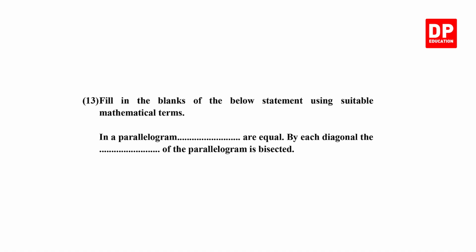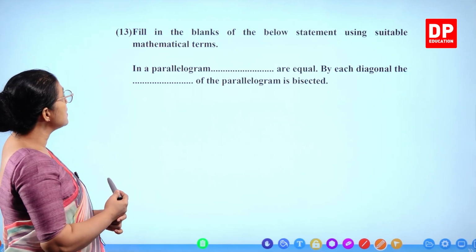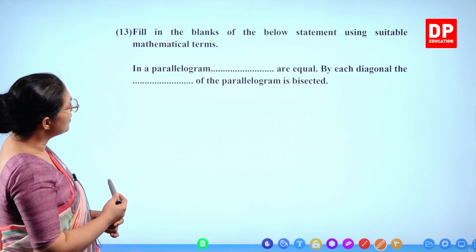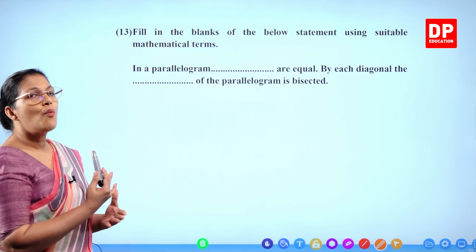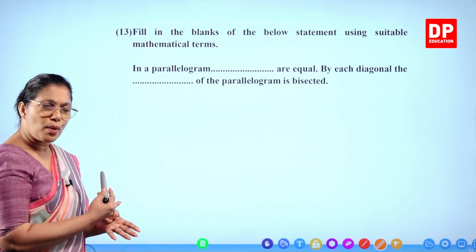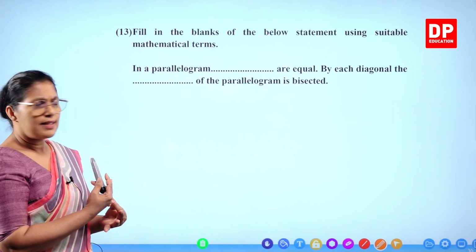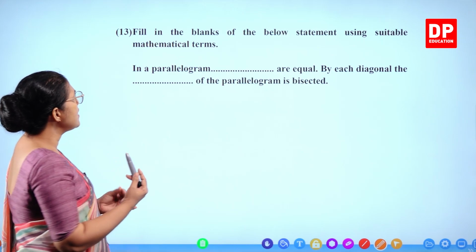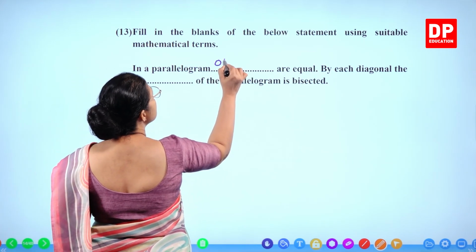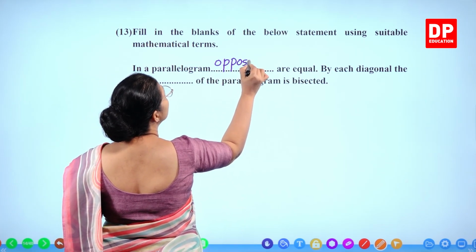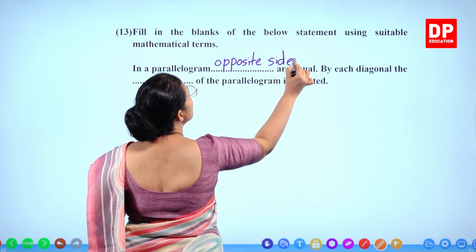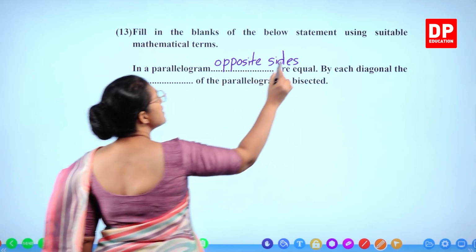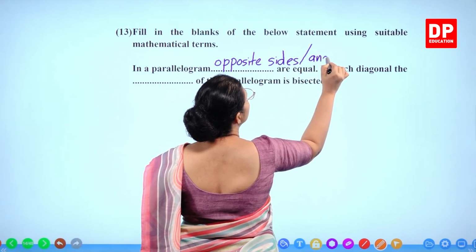Question number 13. Fill in the blanks of the below statement using suitable mathematical terms. In a parallelogram, spaces are equal. In a parallelogram, we know opposite angles are equal or opposite sides are equal. So you can write either opposite sides or opposite sides are equal or opposite angles are equal.